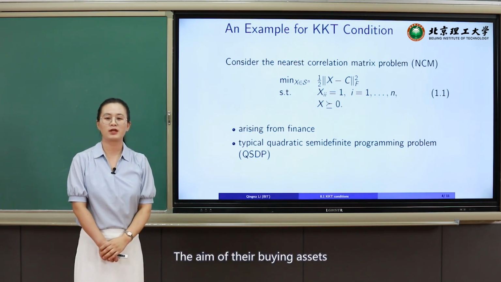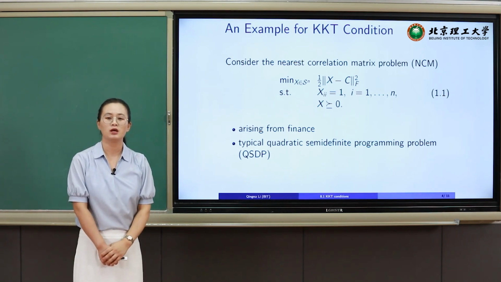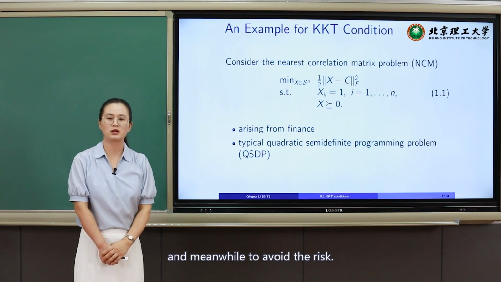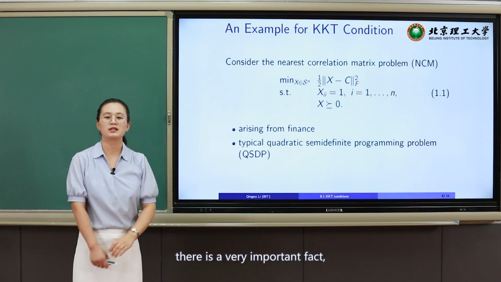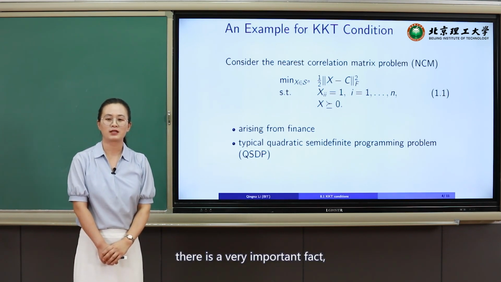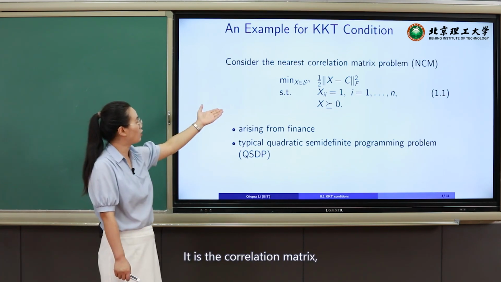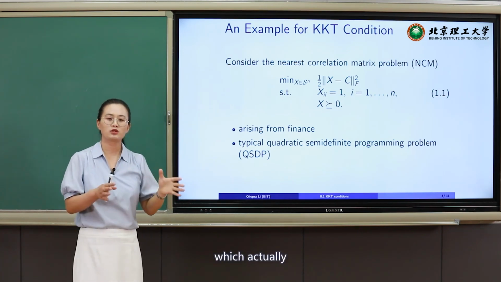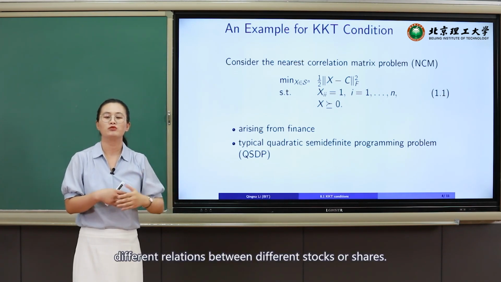The aim of buying assets is to maximize their return and meanwhile avoid the risk. Among these problems, a very important part is the correlation matrix, which represents the different relations between different stocks or shares.